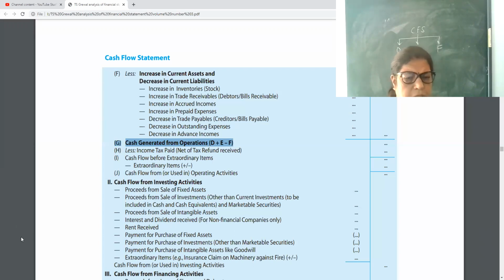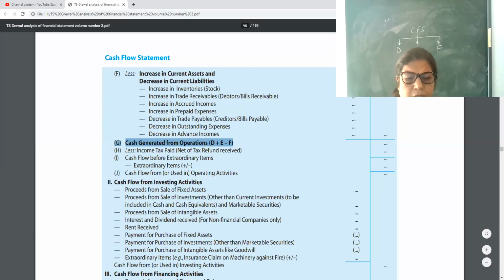So see, proceeds from sale of fixed asset, proceeds from sale of long-term investments, proceeds from sale of intangible assets, interest and dividend received.